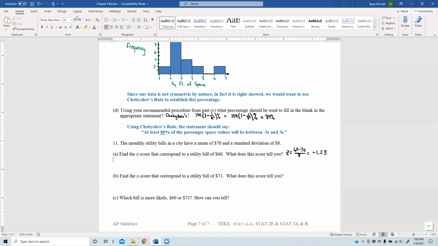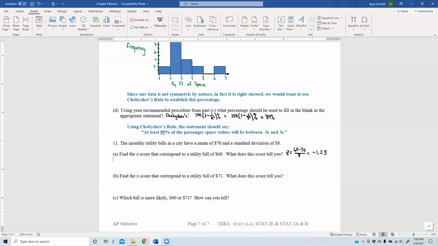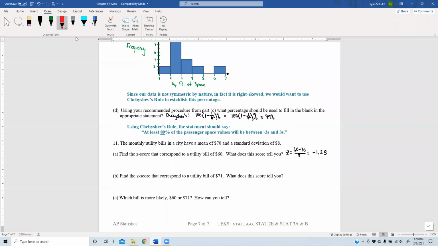We're below 0. What's between 0 and negative 1? What percent of the data? 34%. So I don't really have much room here on this problem, but let's try to sketch. That way we can visualize this.